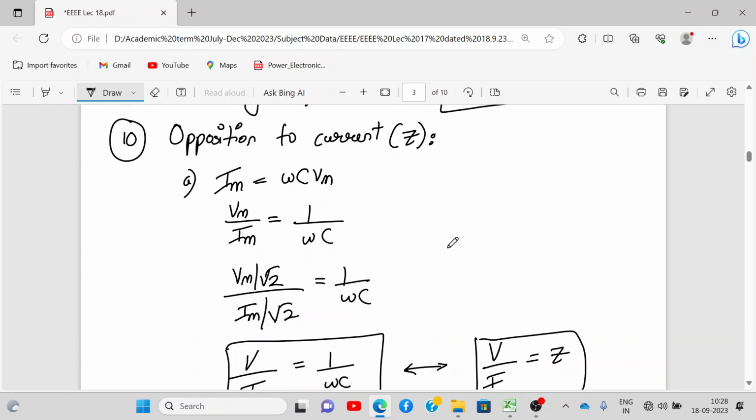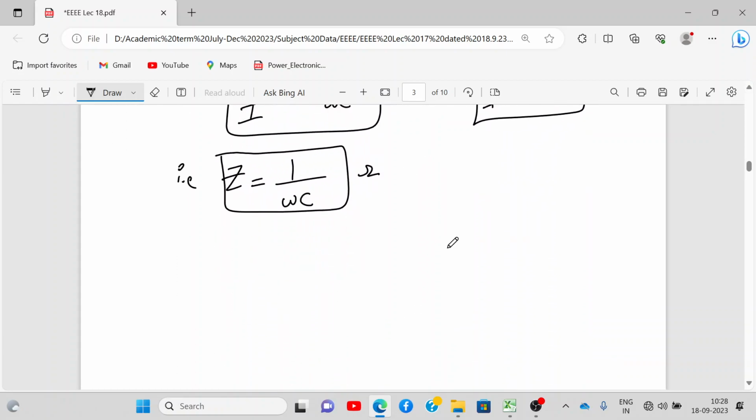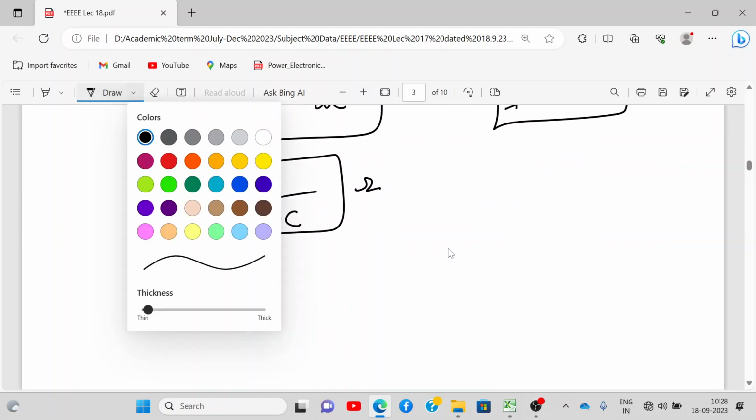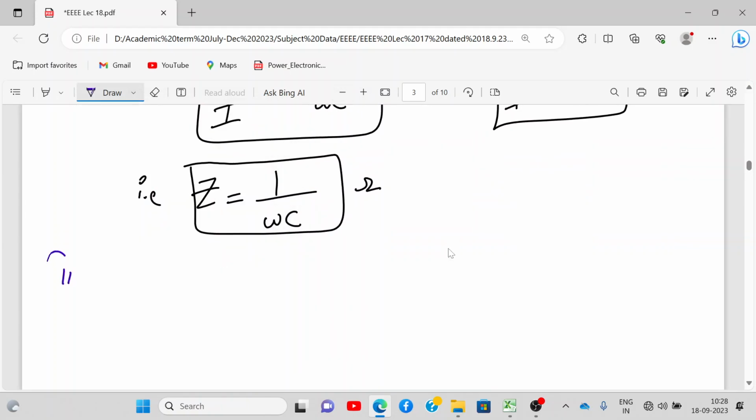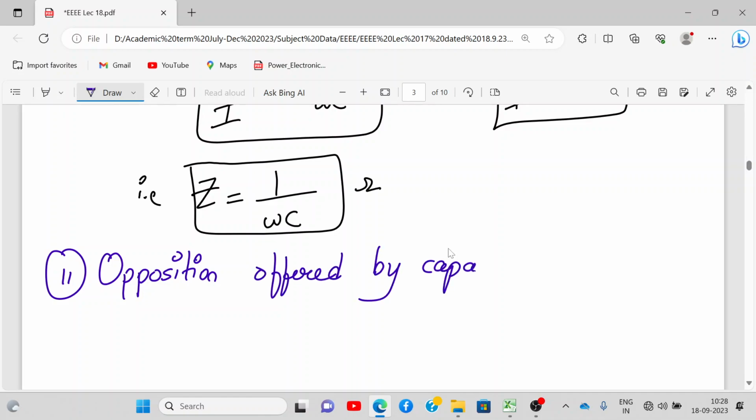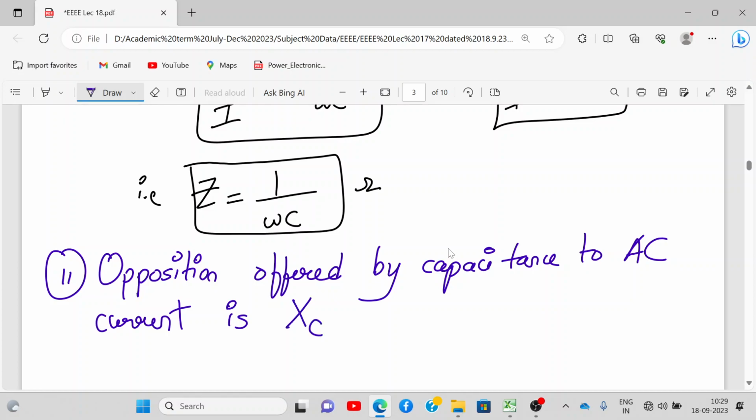Okay. So ready? Now write down point number 11. Opposition offered by capacitance to AC current or AC quantities is given by XC, that is 1 upon omega C ohms.